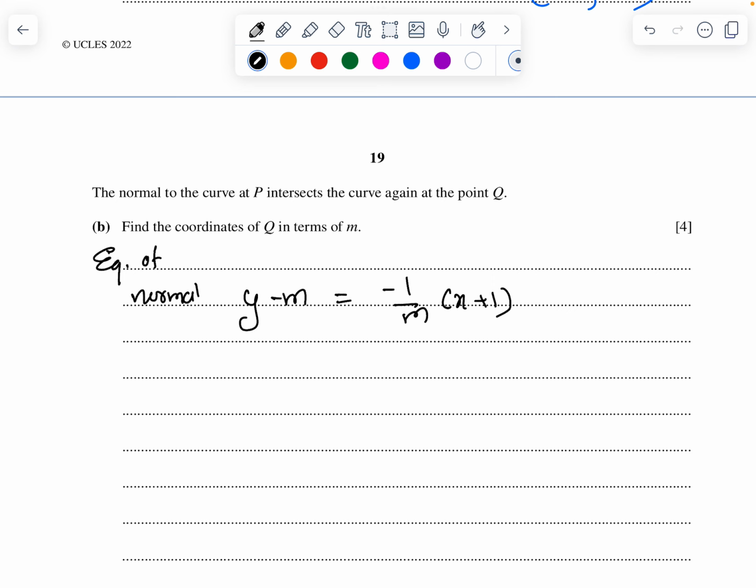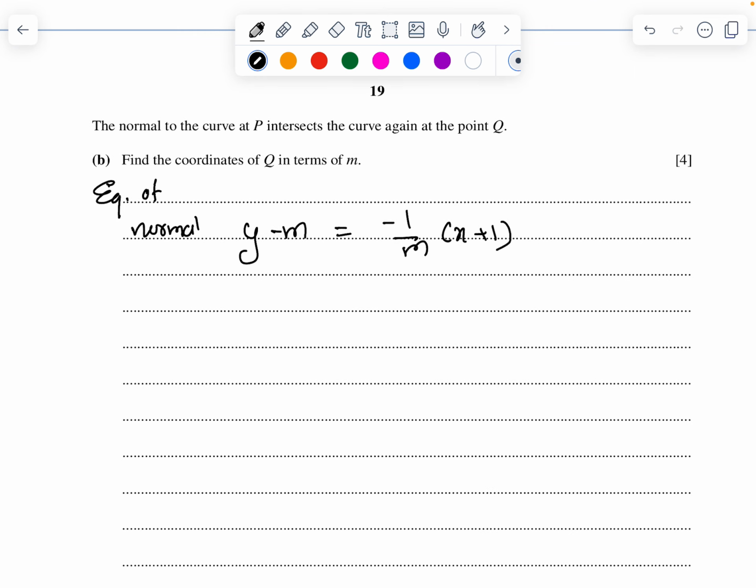Find the coordinates of Q. So y minus m, but what is y? y is minus x upon m. Minus m equals x upon m minus m equals minus 1 upon m x minus 1 upon m.